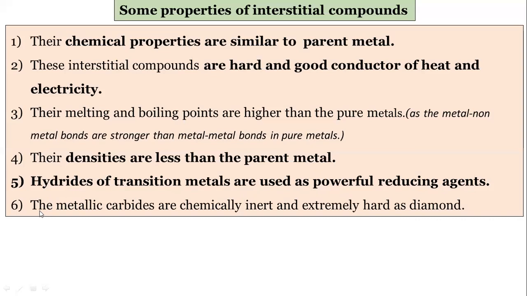Then the metallic carbides are chemically inert and extremely hard as a diamond. This is a very important property of the interstitial compound. So hardness also increases in case of carbides.